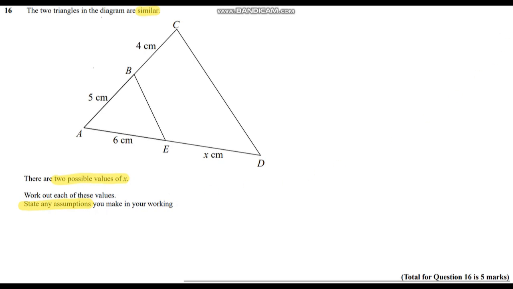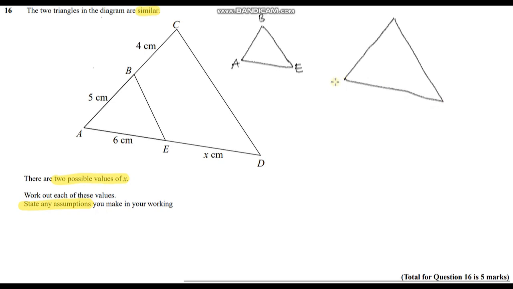Right, now whenever I'm dealing with similar triangles, I always like to draw them out separately. So let's do that. So we've got the smaller triangle, looks something like this. Please forgive my drawings. So this is the small triangle, ABE, and we've got the larger triangle, let's do that again, a bit further this way.